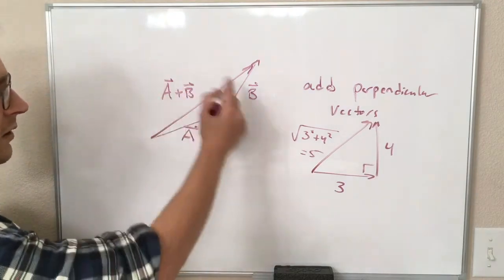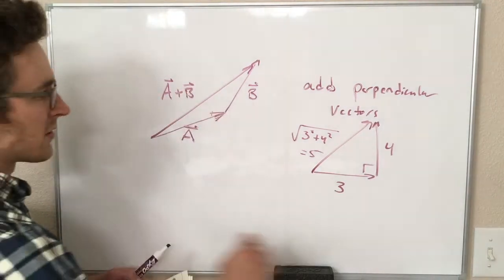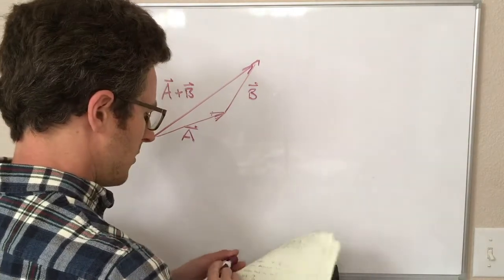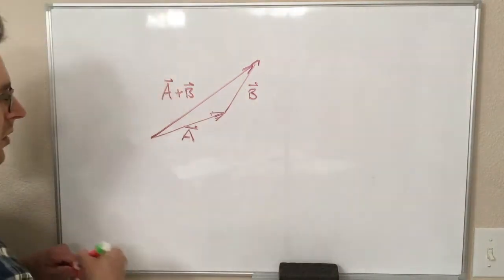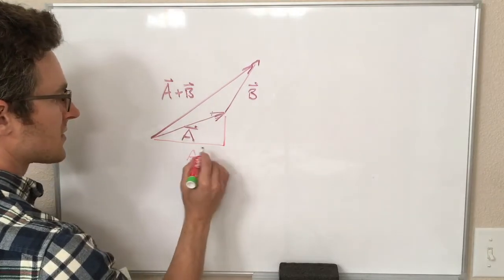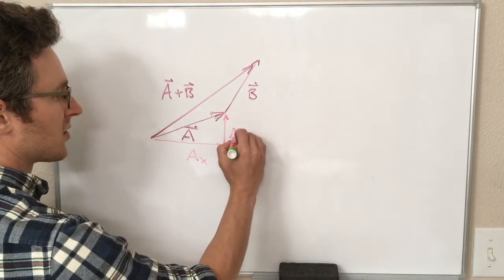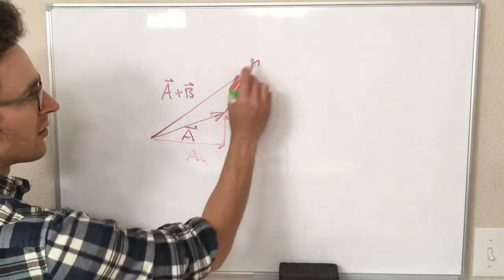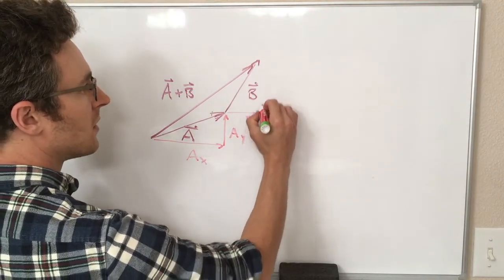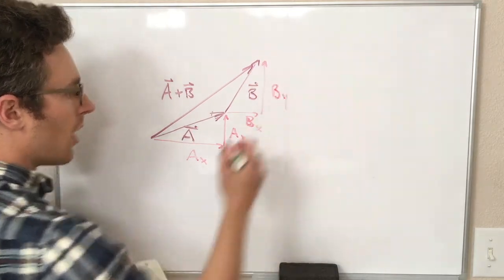Yeah, so on a picture like this, when we're adding two arbitrary vectors together, what we do is we split each of them up into their x and y components. So here we have vector A, or component Ax, component Ay. Vector B is here, so we have component Bx and component By.